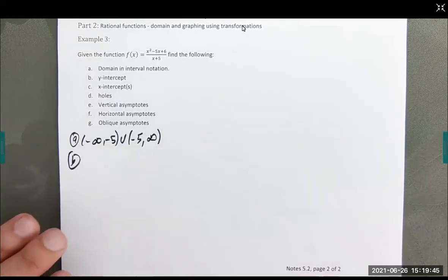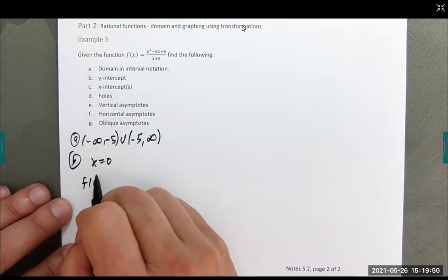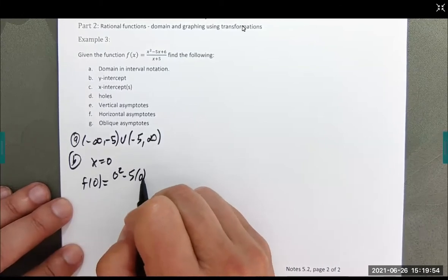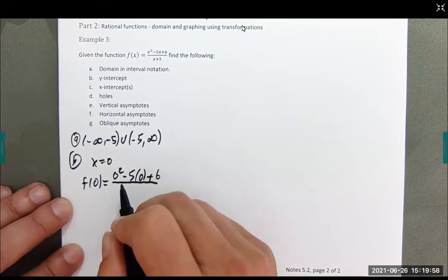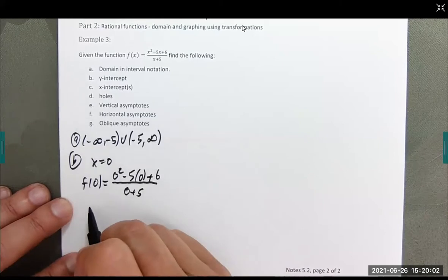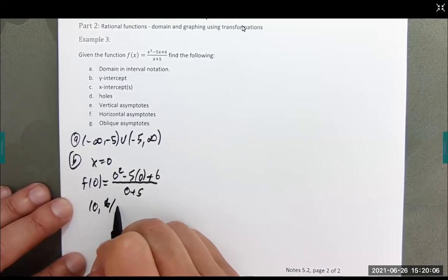The y-intercept, that's when x equals 0. So f of 0 is 0 squared minus 5 times 0 plus 6 over 0 plus 5. So this gives me 6 over 5. So it's the point 0, 6 over 5.